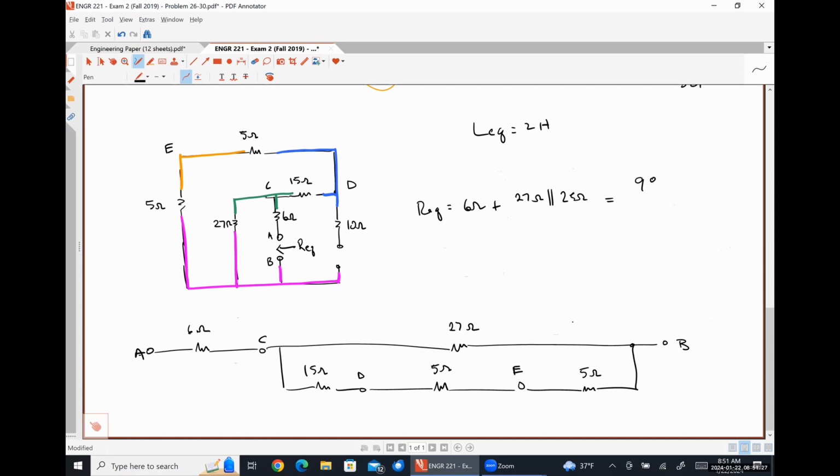So, 987 over 52 ohms. From this, our time constant is LEQ over REQ, which is 2 henries over 987 over 52 ohms.